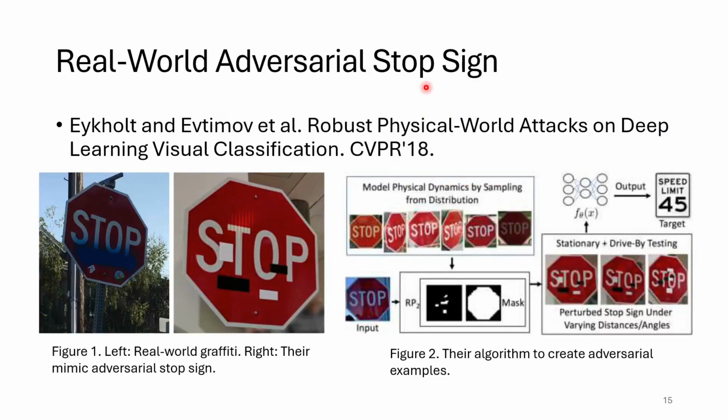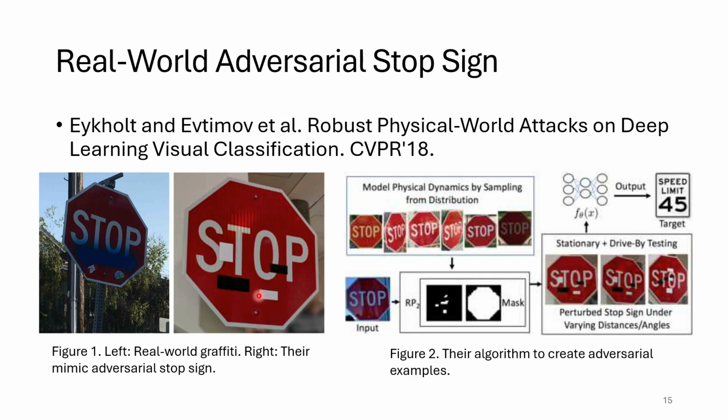So we can see this example. This is a common stop sign, and this graffiti. The 2 researchers of this paper tried to develop an algorithm that will mimic real-world graffiti. This is their result.